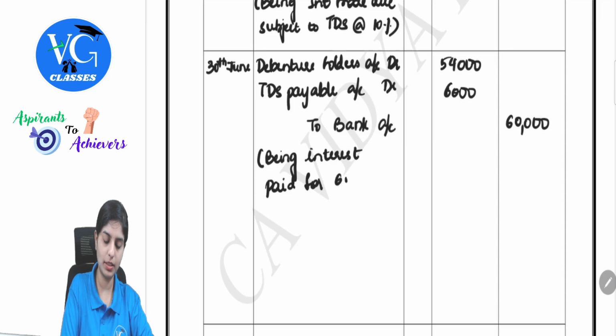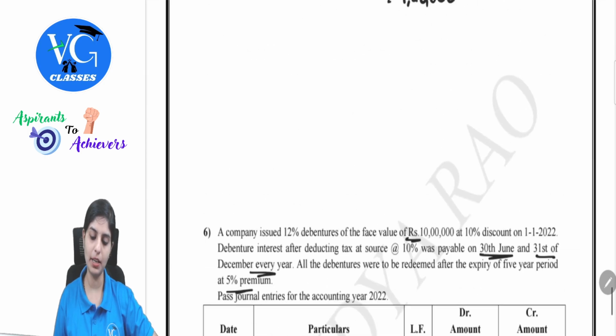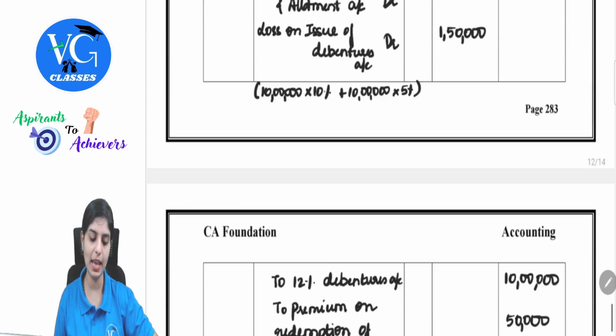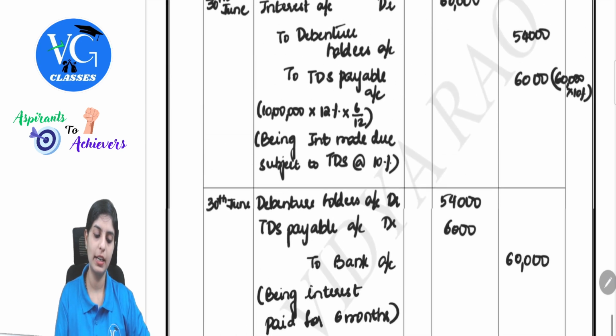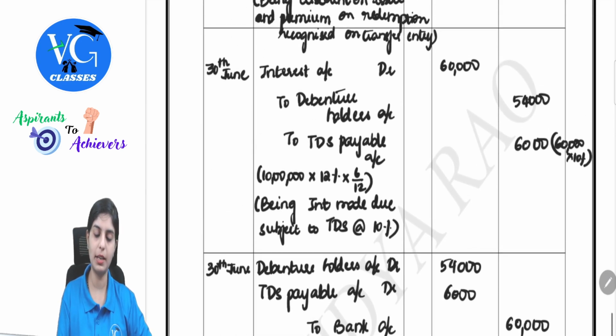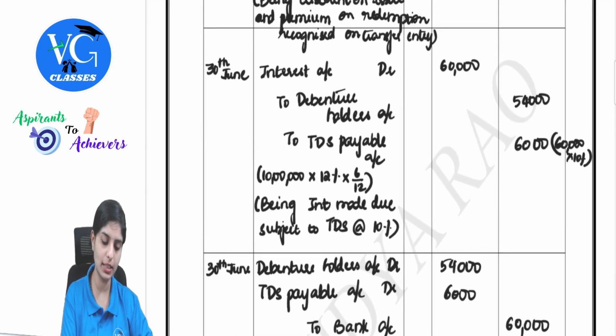for 6 months. Now there was one more interest payment happening on 31st of December. The same entries will again come because the interest is reflected half yearly. Interest account debit, debenture holders account debit to TDS payable.